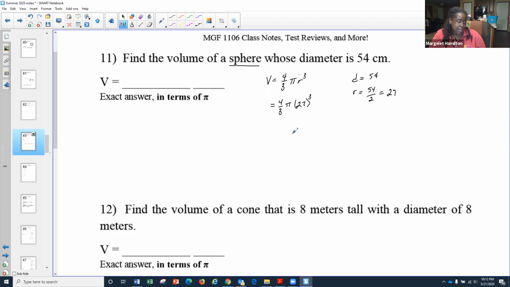But you have a raised to button, so you can use it. So again, remember, this is all over 1. So all you're doing is multiplying across and then dividing by your denominator of 3. So 27 raised to the 3rd, push enter, get that number. Then we're going to multiply it by our 4. Push enter. And then divide by our 3.